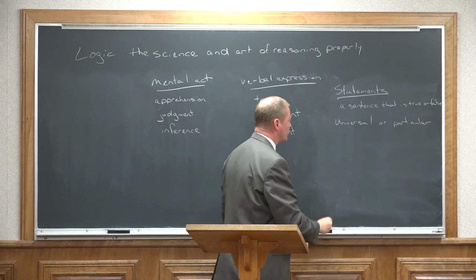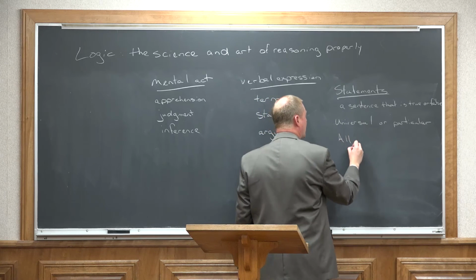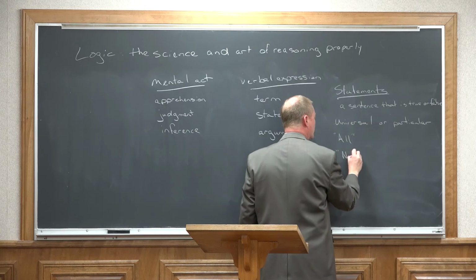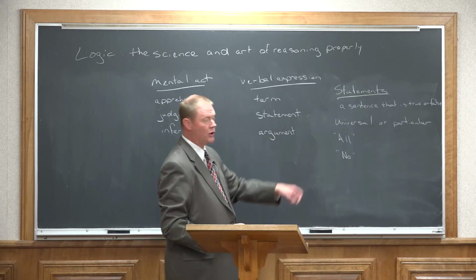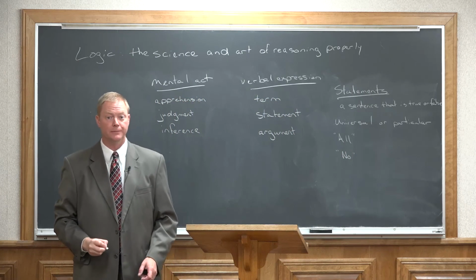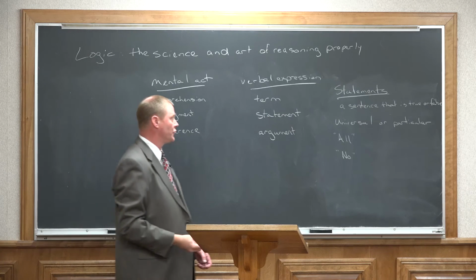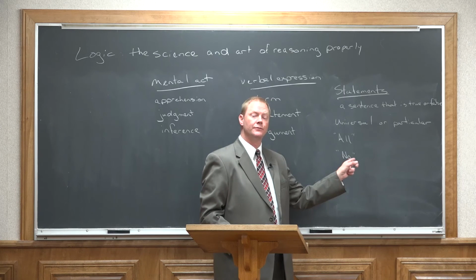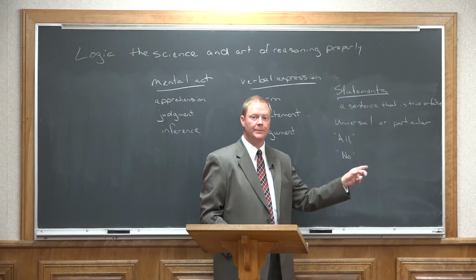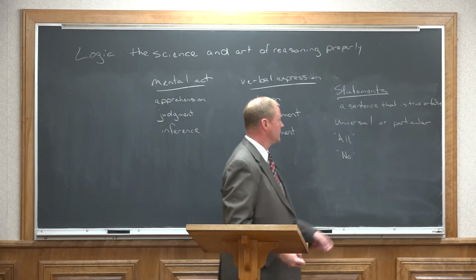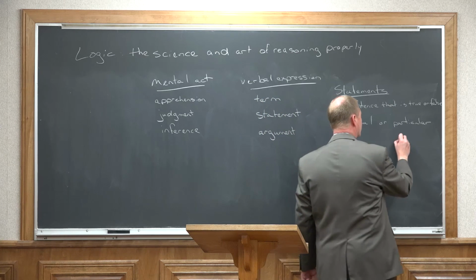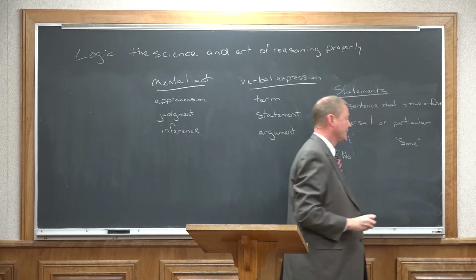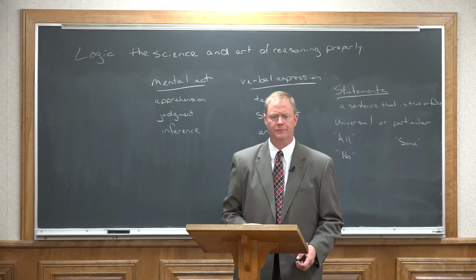Okay, a universal statement would say all or no. All people are human. That's a universal statement. No dogs are cats. That's a universal statement. Okay? Particular would use the word some in some form or other.